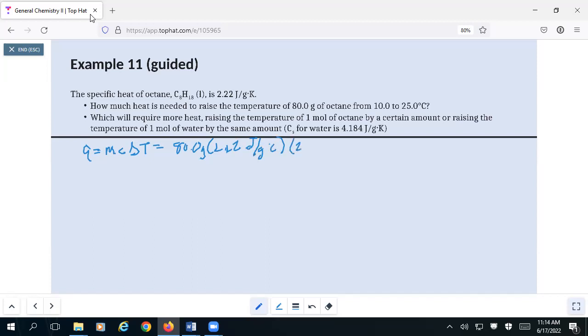And we're going from 10 to 25.0 degrees Celsius. So that's a temperature change of 15 degrees. 15 times 2.22 times 80 to 3 significant figures would be a positive 2,660 joules.